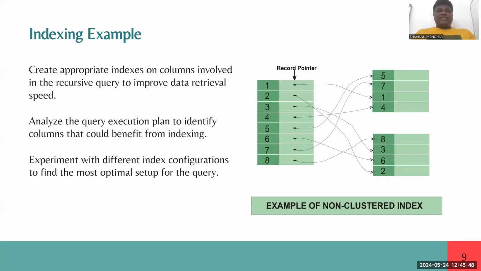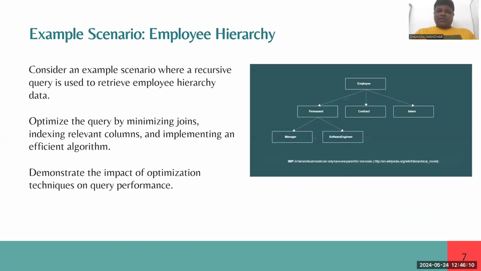So there's an example for indexing too. This is an example for a non-clustered index. There is a table which has pointers 1 to 8. According to the query output required, this indexing links the value and data, as I showed in the previous slide.